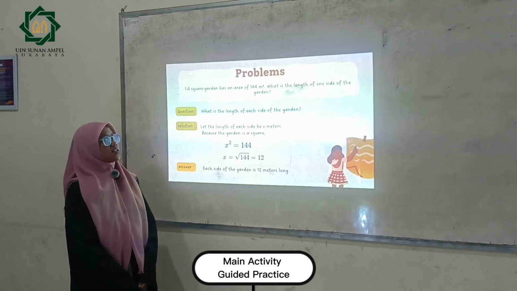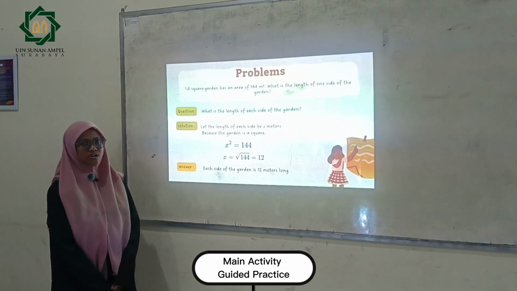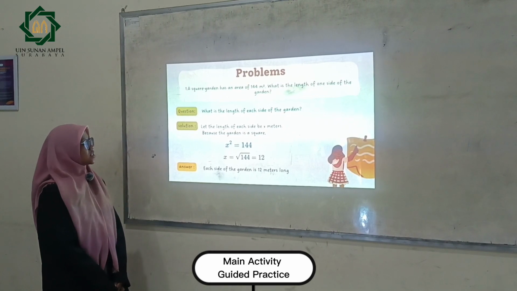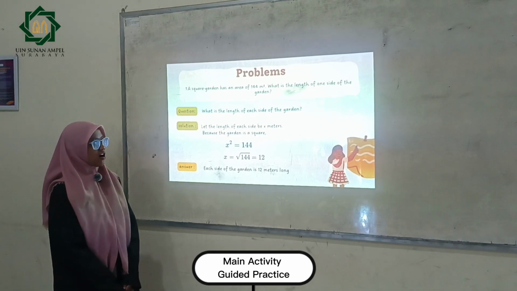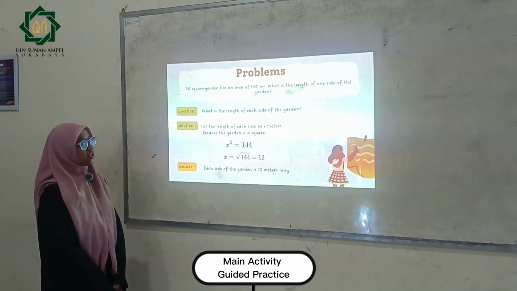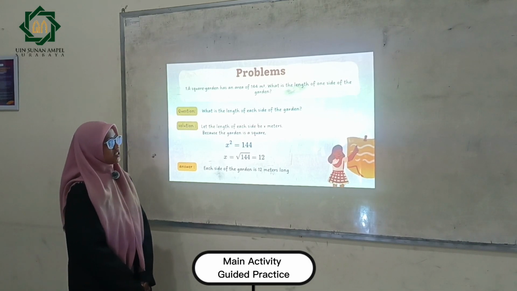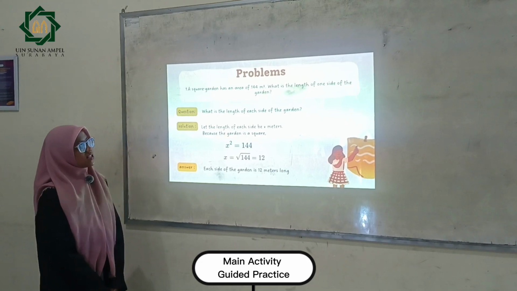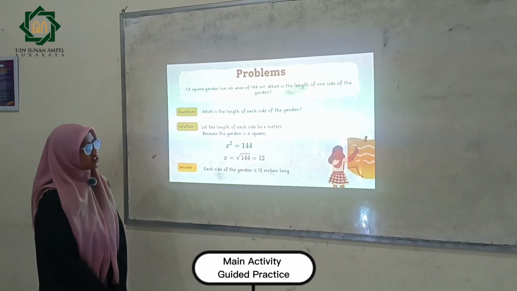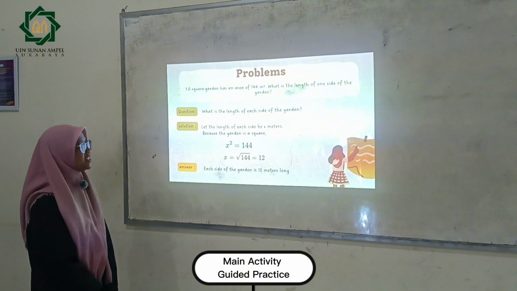Okay, next, let's solve a problem situation together. A square garden has an area of 144 square meters. What is the length of one side of the garden?